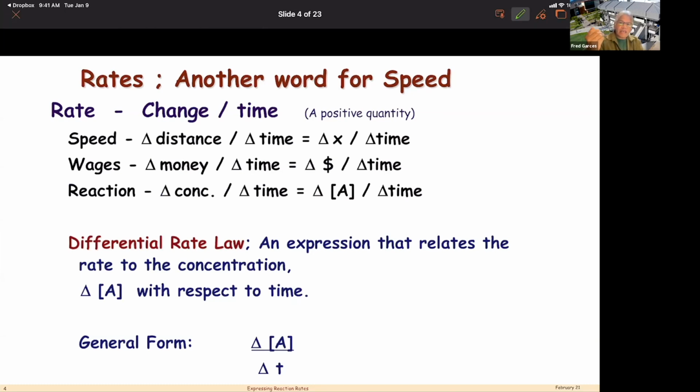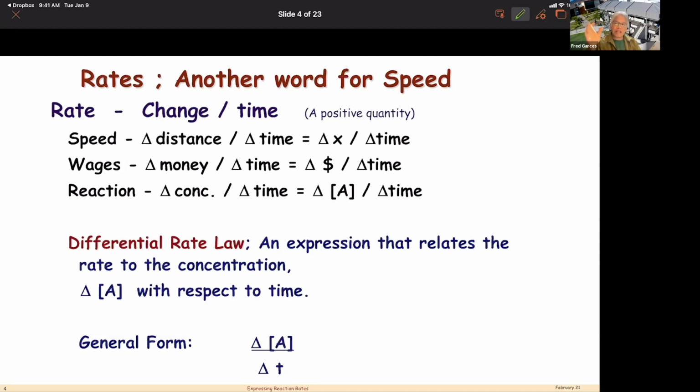Remember that in a chemical reaction, you have the starting ingredients, which we call reactants, and we have the finished products, which we call products, of course. And during the course of the reaction, the reactants will disappear and the products will appear. So in mathematical terms, we put a negative for any chemical that is disappearing.